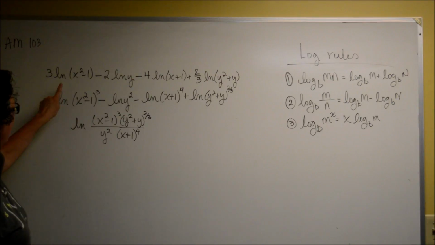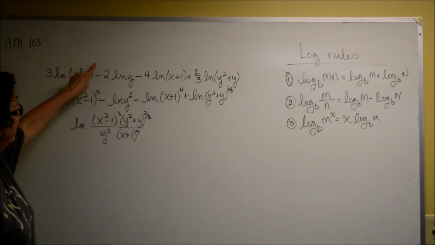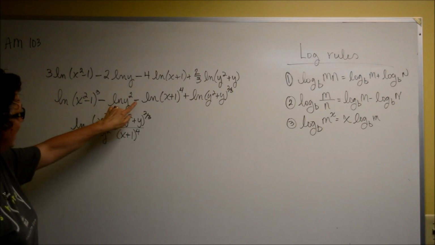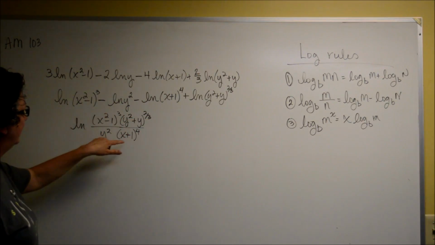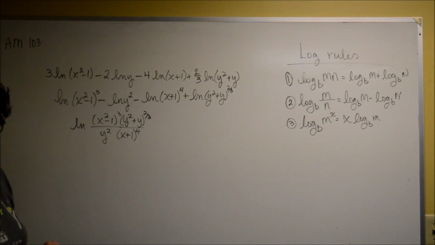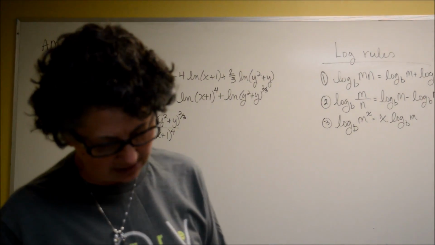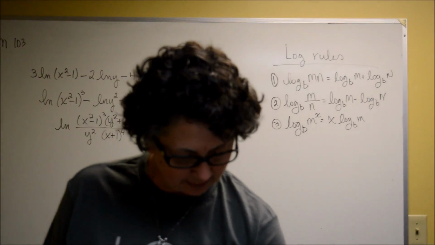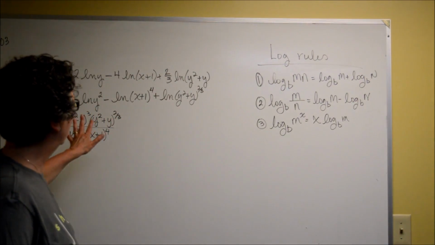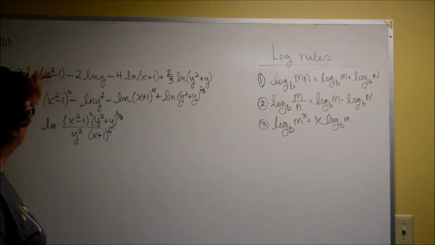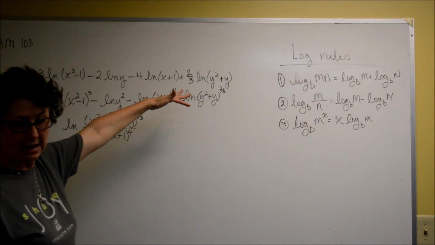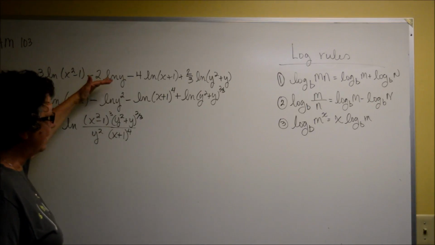I want you to see what happens with the 3 and the 2 and the 4 and the 2/3, and then what happens with the minuses and the pluses. And then the rearranging of this, I'm not as worried about. Number 2, you'll see that they gave you one in this form, and they want you to break it down into a linear form, is what it refers to as. So I think you can do that.